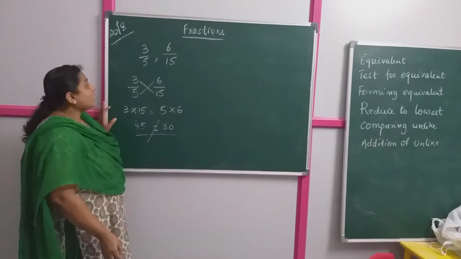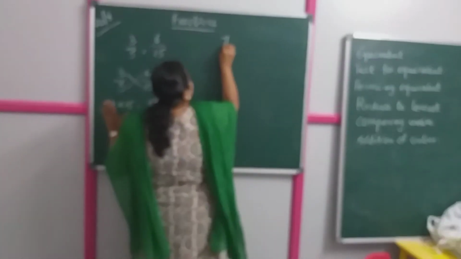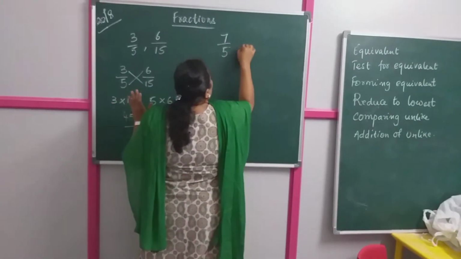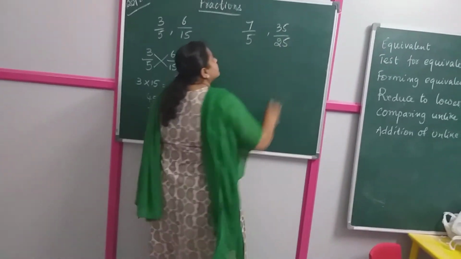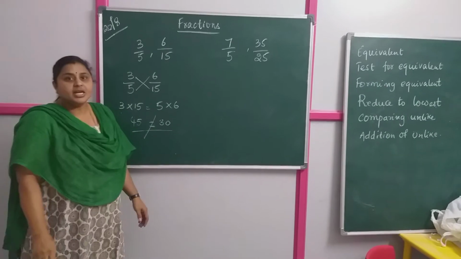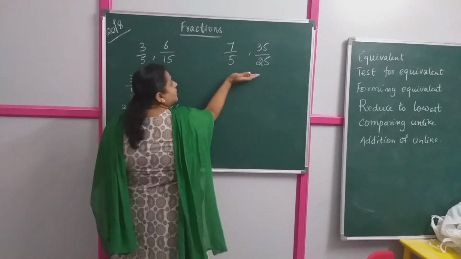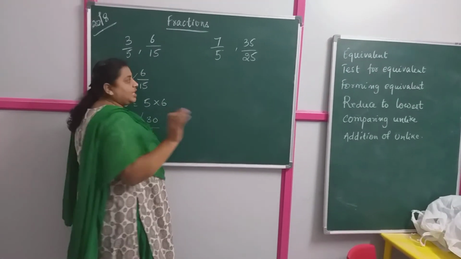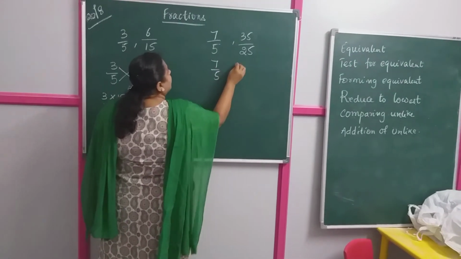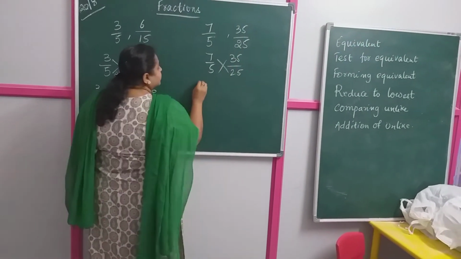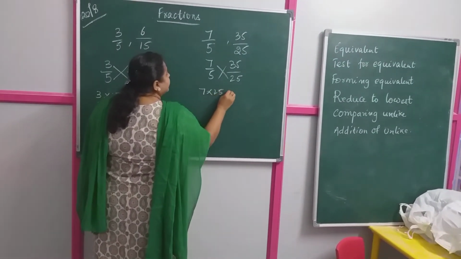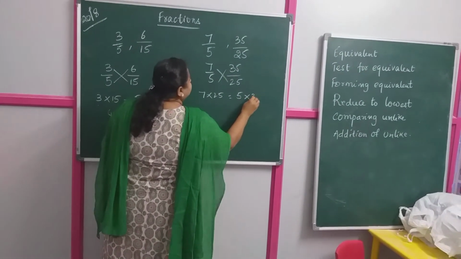Now let us take another example: 7 by 5 and 35 by 25. We need to check whether these two fractions are equivalent or not. Cross multiply both the fractions. 7 into 25 is equal to 5 into 35.